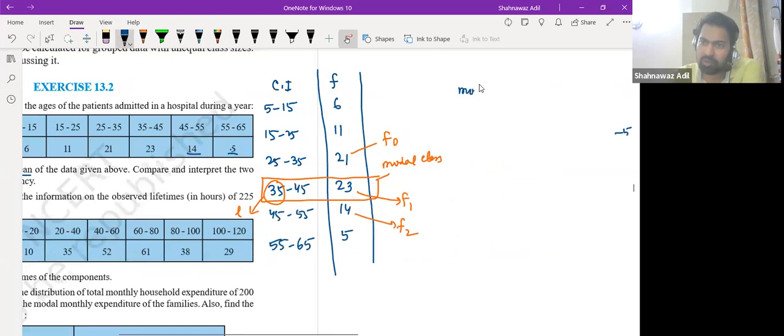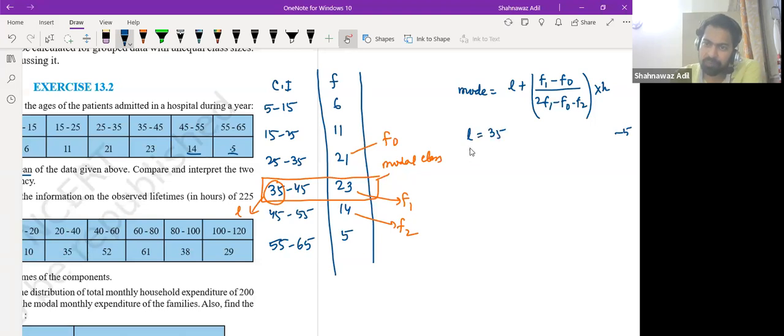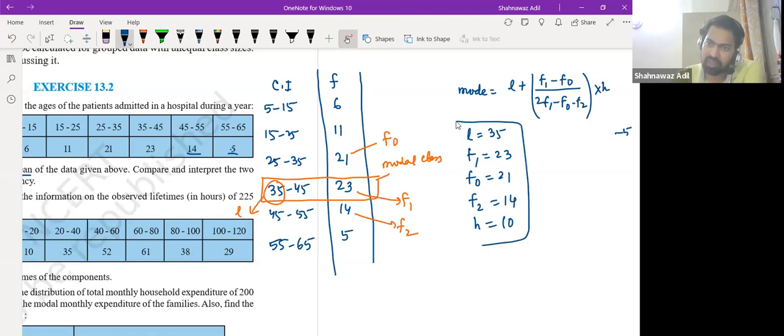So mode is L plus (F1 minus F0) over (2F1 minus F0 minus F2), times H. So L is 35, F1 is 23, F0 is 21, F2 is 40, and H is 10. So these are the things that we have. So let us calculate.